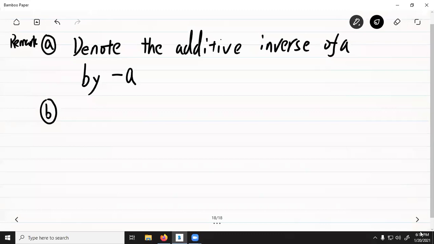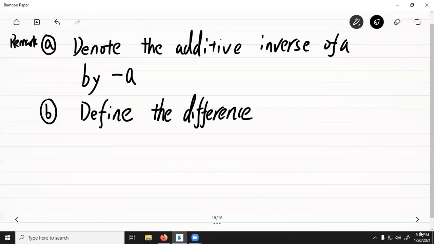Okay, let's define the difference. So far we know in the real number system, we also have another operation which is called subtraction, right? But at the beginning, we only introduced two operations, addition and multiplication.